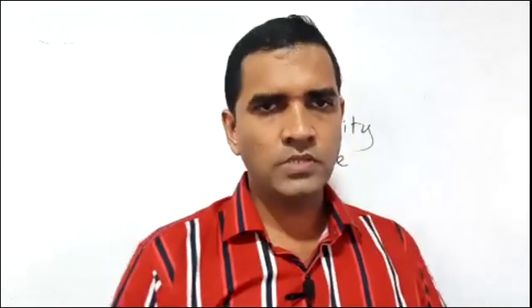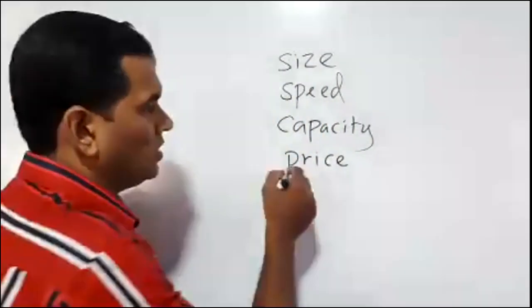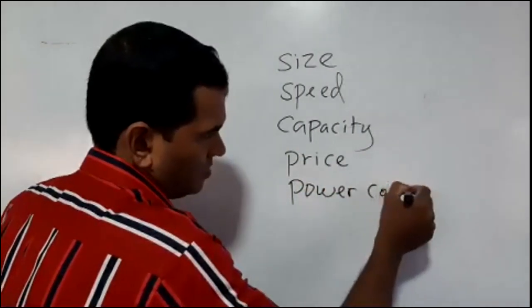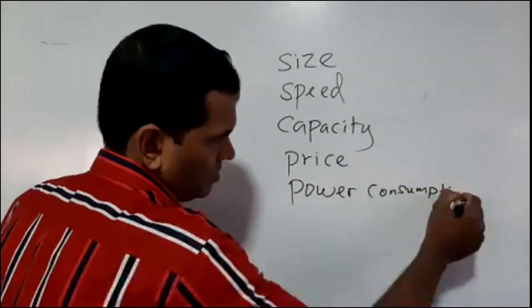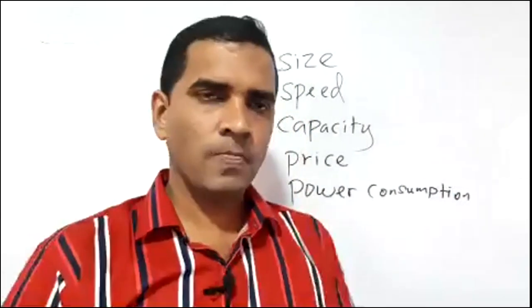So power consumption is there because they are electronic devices. They work on electricity, so they consume the electricity. Sometimes they consume more electricity, sometimes they consume less. So consuming electricity is one of the characteristics. So power consumption. Okay. So power consumption also one of the characteristics.